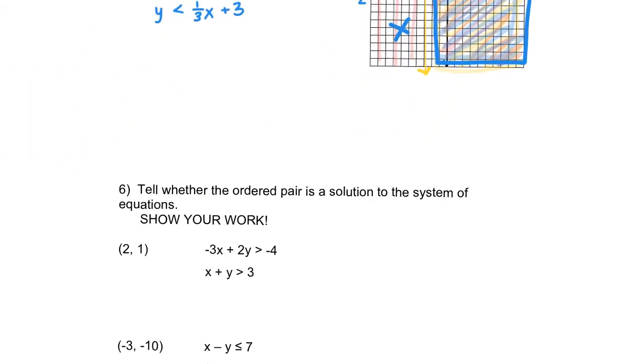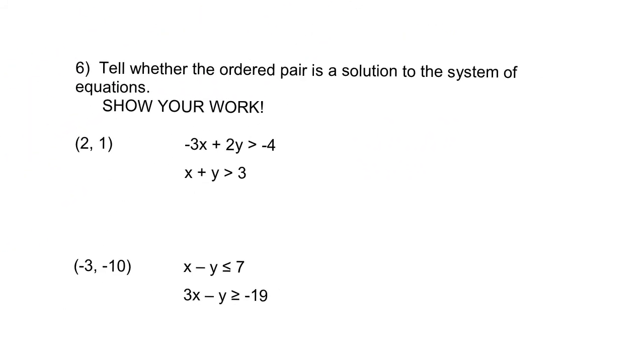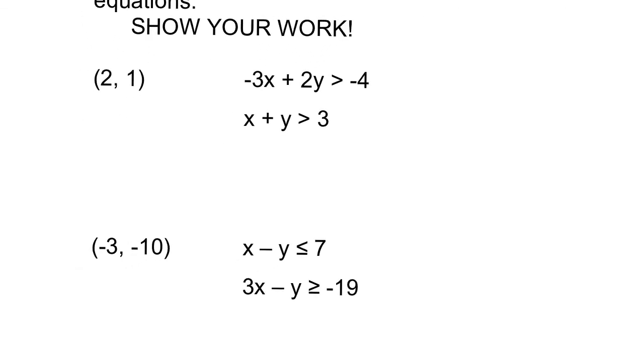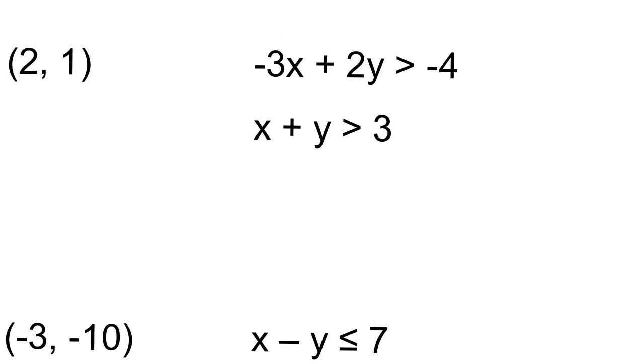Let's go on to number 6. We're going to tell whether the ordered pair is a solution to the system of inequalities, and you'll show your work. So when we're doing this, we're trying to see if this satisfies the inequality.